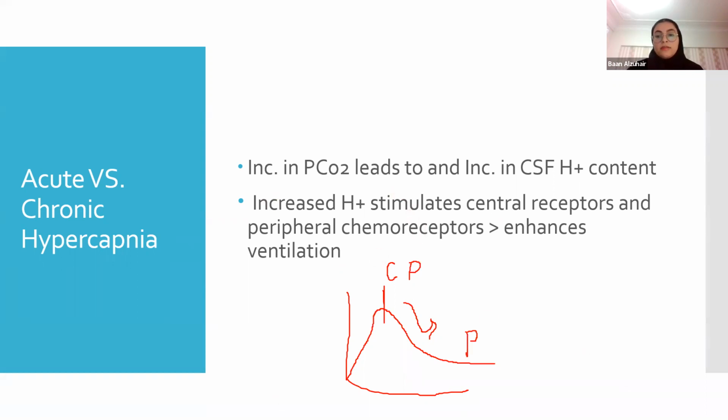So the shift from stimulation of both central and peripheral chemoreceptors to the peripheral alone changes the response to hypercapnia. In the beginning, you're going to be hyperventilating a lot, and then after the pH is compensated it is going to be less, but you're still hyperventilating because the peripheral chemoreceptors are still being stimulated.